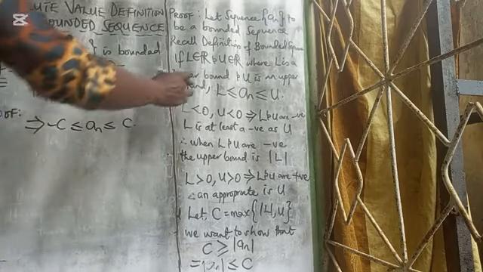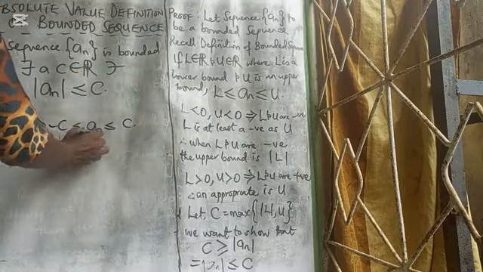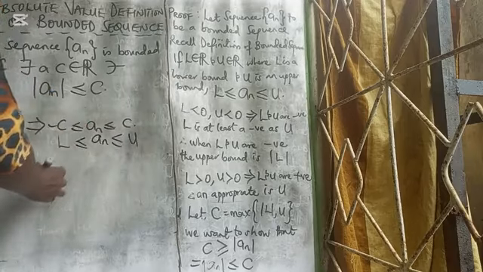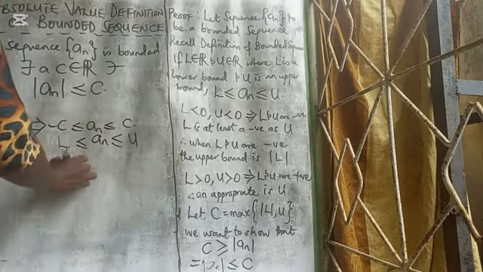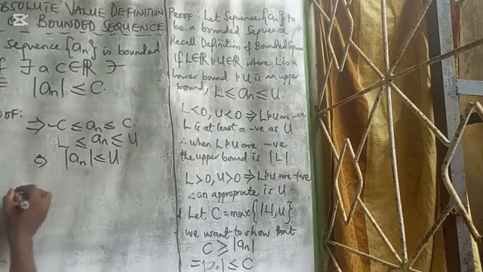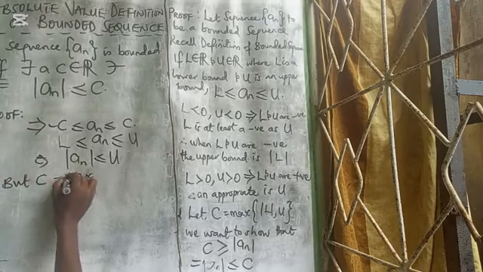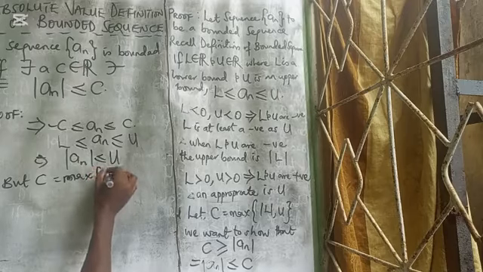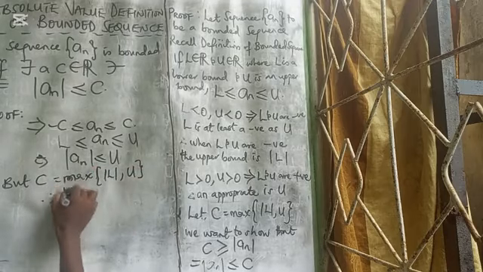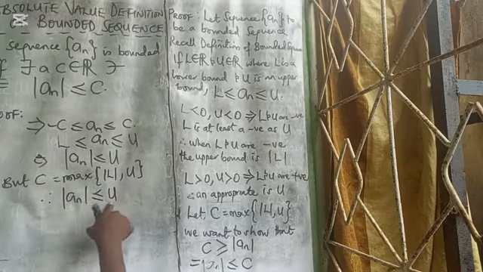And from the definition of bounded sequence that we gave there, it means our L is less than or equal to A sub n less than or equal to U. Therefore, our A sub n is less than or equal to U. But C is the maximum of the absolute value of L and U. Therefore, if the absolute value of A sub n is less than or equal to U, it means it is also what?